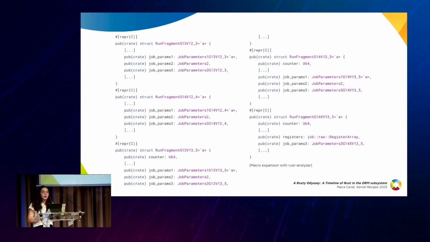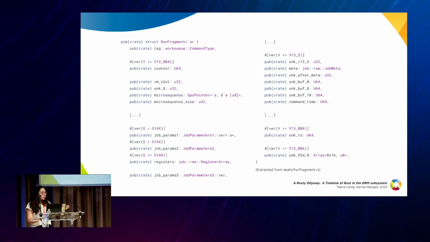This is like when we expand macros in C. And this is super powerful because the code here is very clear and very readable. The semantics are very obvious. You can just read, okay, this field is going to exist when the version is greater than v13. And you can do the same thing for GPU generations. For example, you can see the registers field.